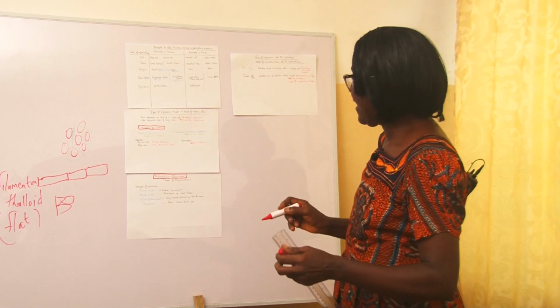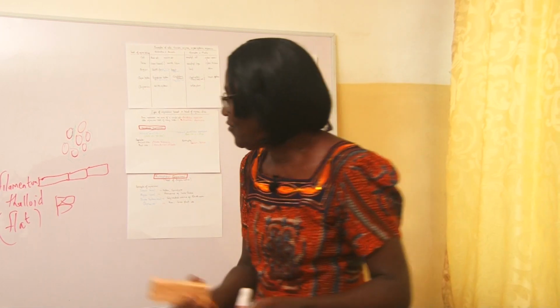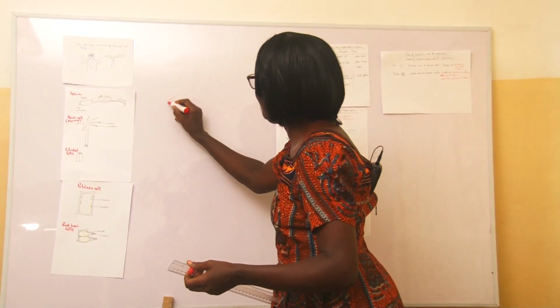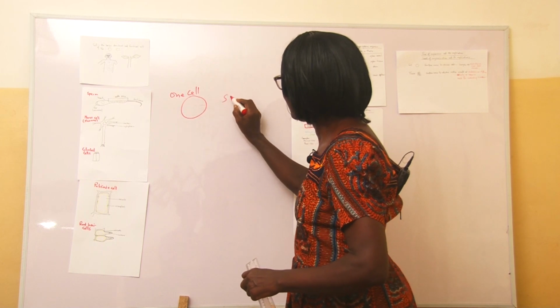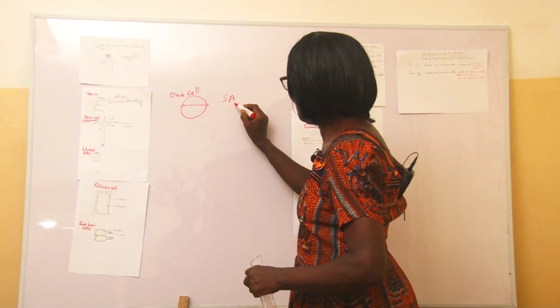If you are a unicellular organism, you are made up of only one cell. Look at the surface area of this one cell and its volume.